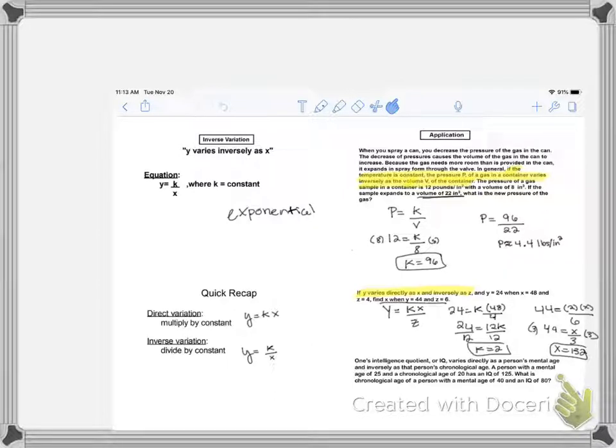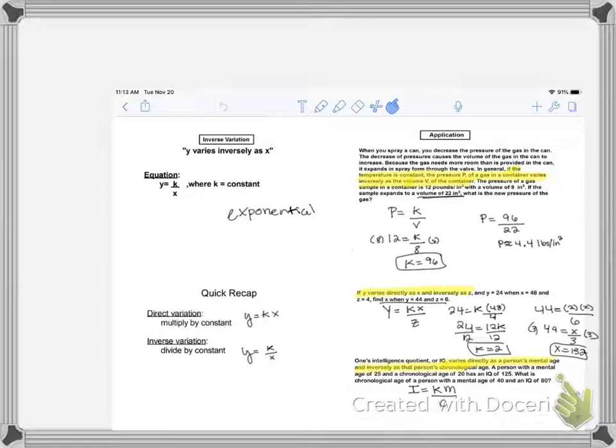All right, let's go back and see here what's happening. So the IQ varies directly as a person's mental age and inversely with a person's chronological age. So I'm going to use I to represent the IQ, equals K for my constant, M for mental age, so it's directly with the mental age and inversely with the chronological age.